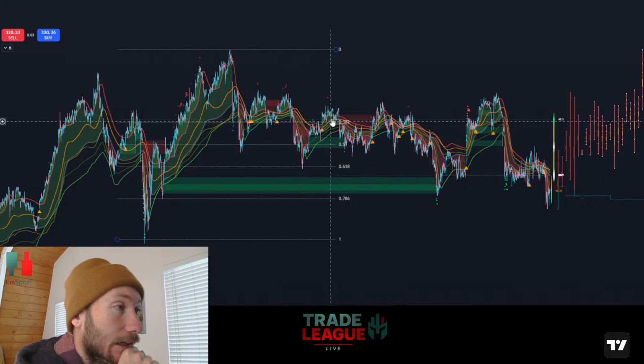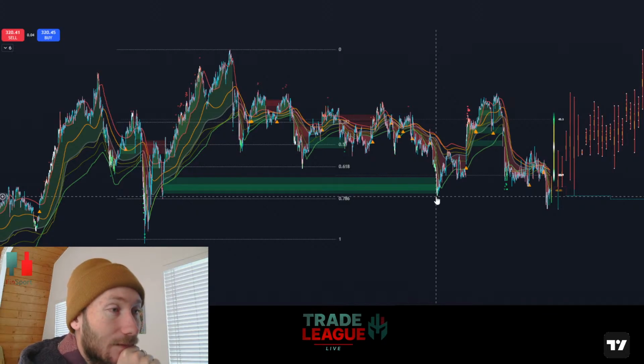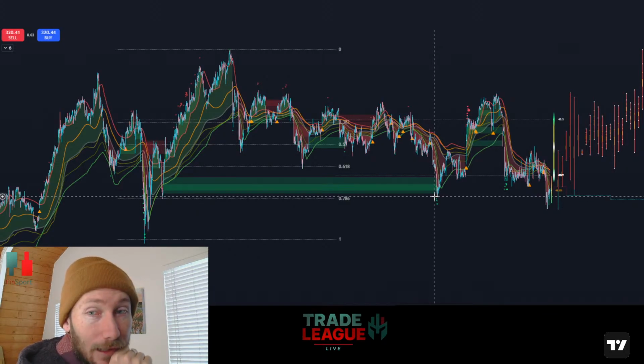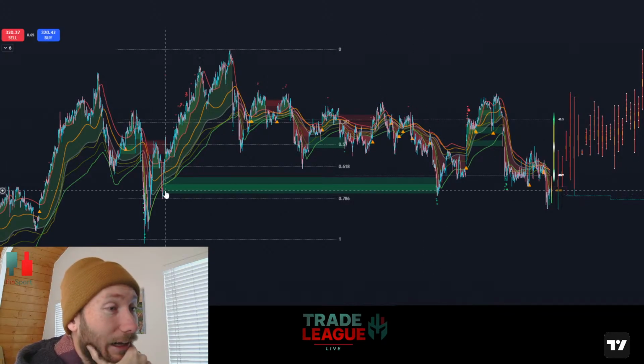That was a really nice play, and then it just sat in this fat range for what, 4 months, and then finally capitulated to fill this fair value gap down here. So we went 0.618, came back up, kind of failed to break back to test all-time highs, and then wanted to fill that tariff gap.